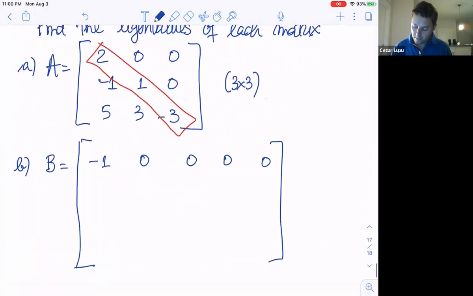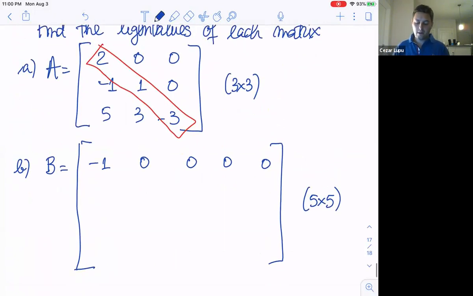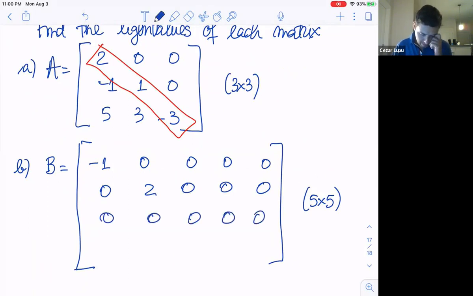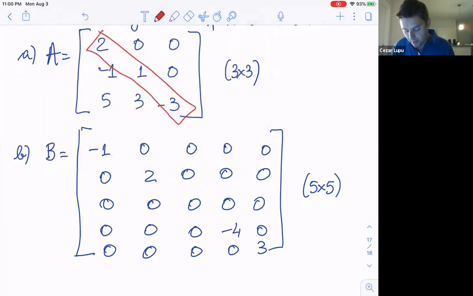And now 0, 2, 0, 0, 0, and then 0, 0, 0, 0, 0, then 0, 0, 0, let's say negative 4, 0, and now the last row 0, 0, 0, 0, and 3. And let's identify the main diagonal here. Look at it.